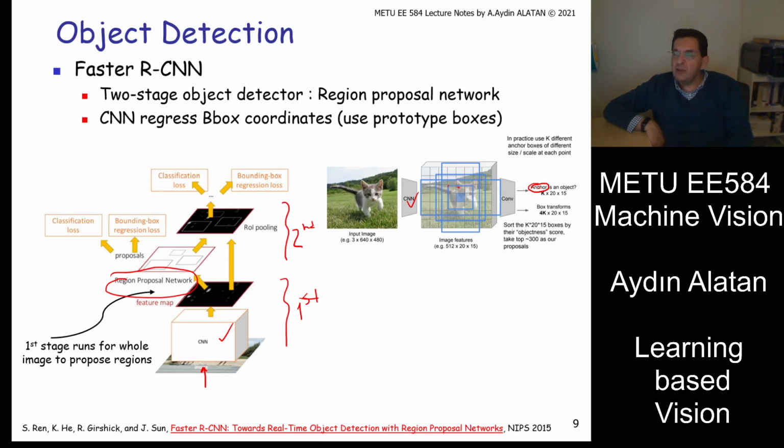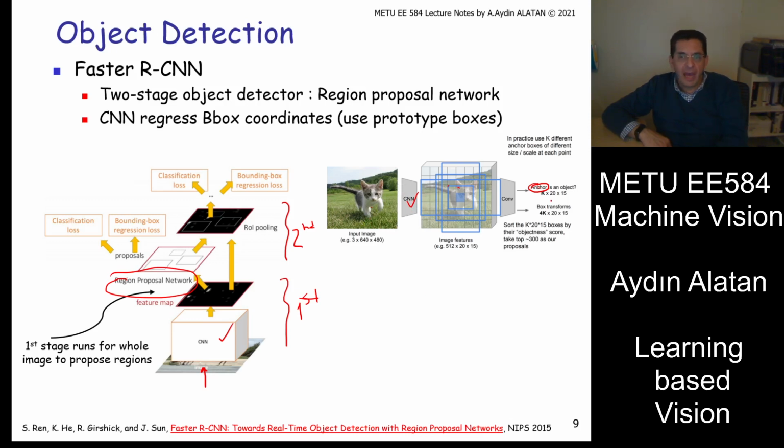What we are doing is having some prototype bounding boxes before we estimate the coordinates. Therefore, we need this anchor concept, this prototype concept, to be able to estimate region proposals directly from image colors which are passed through some CNNs.